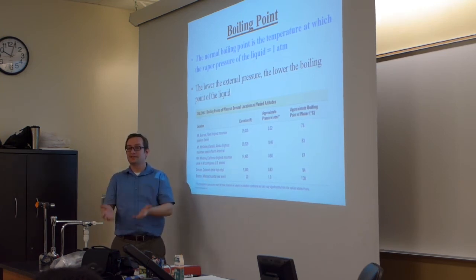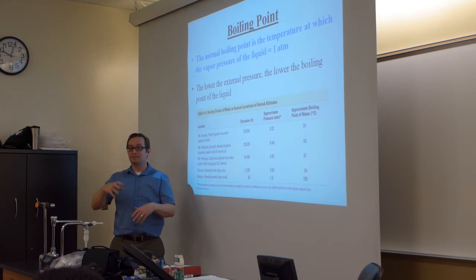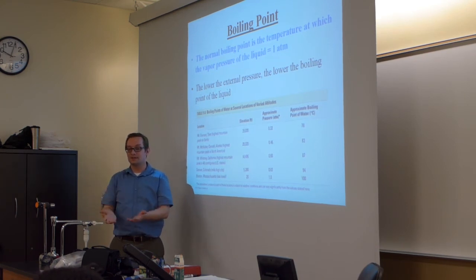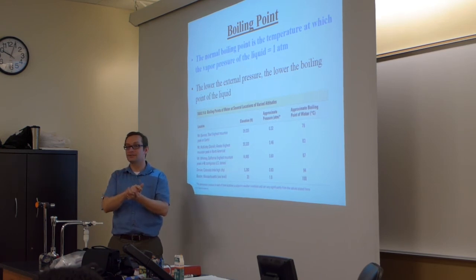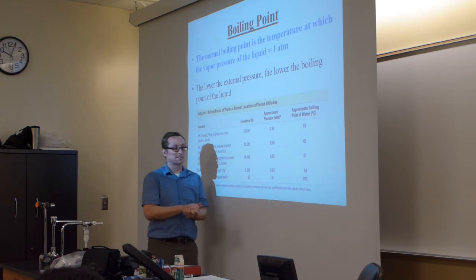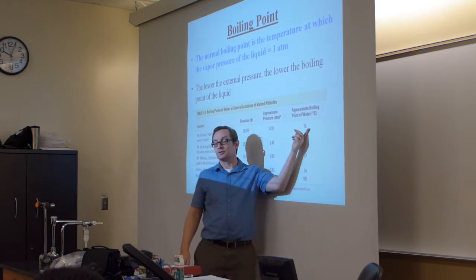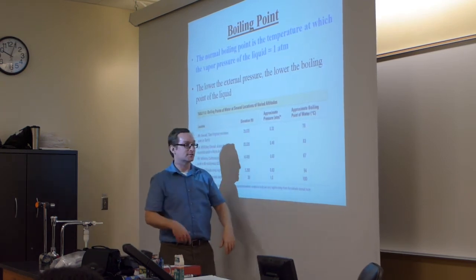It's an equilibrium condition. By taking gas particles out of the air, you're making more particles in the liquid want to go up into the gas phase to make up for that lack of initial particles. As a result, water boils at a much lower temperature at higher elevations.